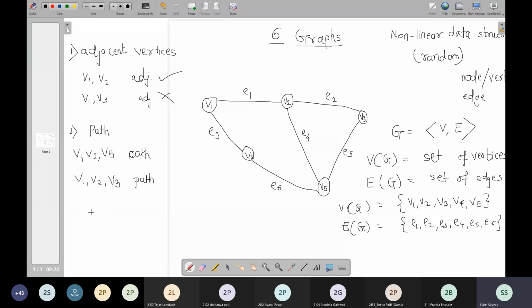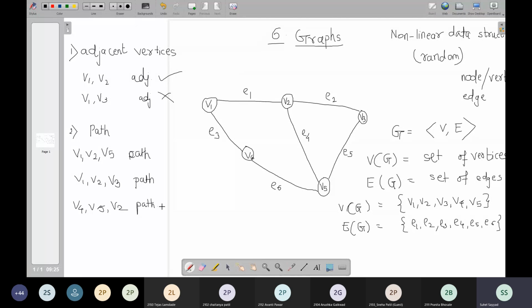Similarly, V4, V5, V2 is also a path. I am never claiming that V1 is always the starting vertex. It depends upon the problem that we are solving.